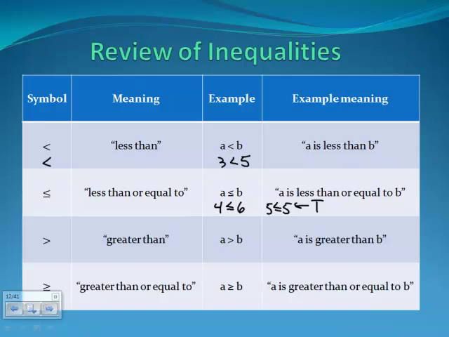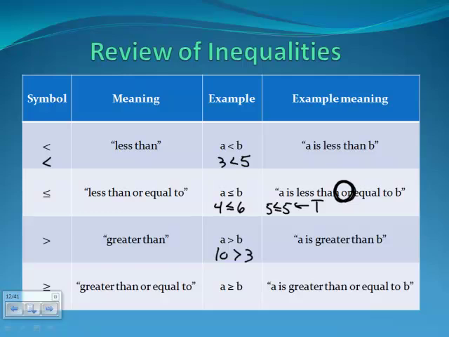And when you're using the less than or equal to or the greater than or equal to, the key word is or. It doesn't have to be both. It just has to be one or the other. So although the 5 is not less than 5, it is equal to 5, and so therefore 5 is less than or equal to 5 is a true statement. Greater than, an example of that might be 10 is greater than 3.